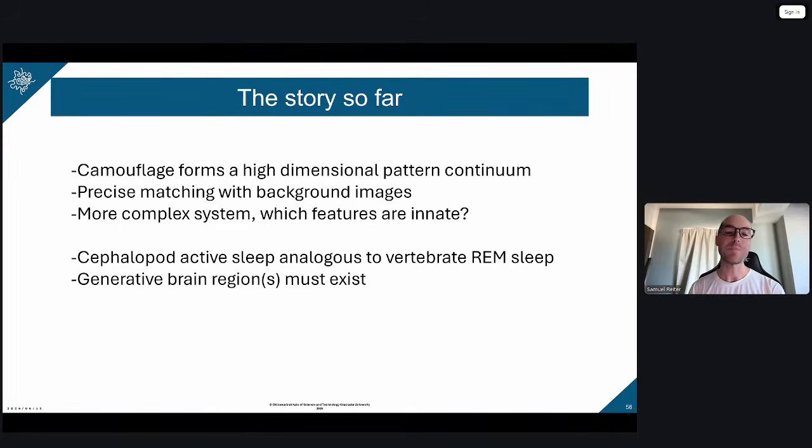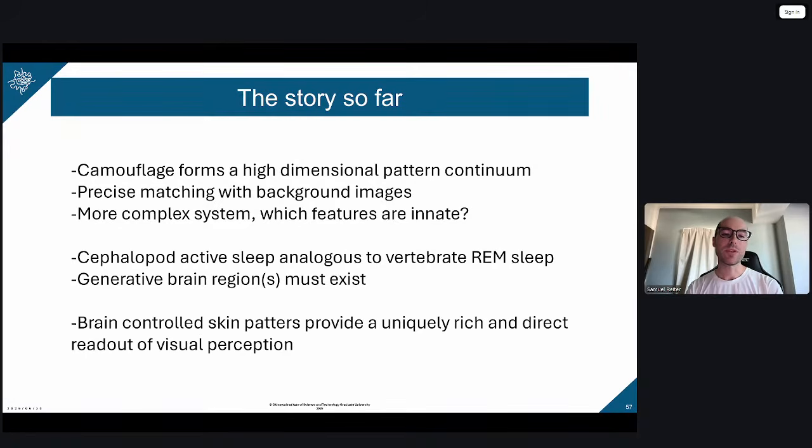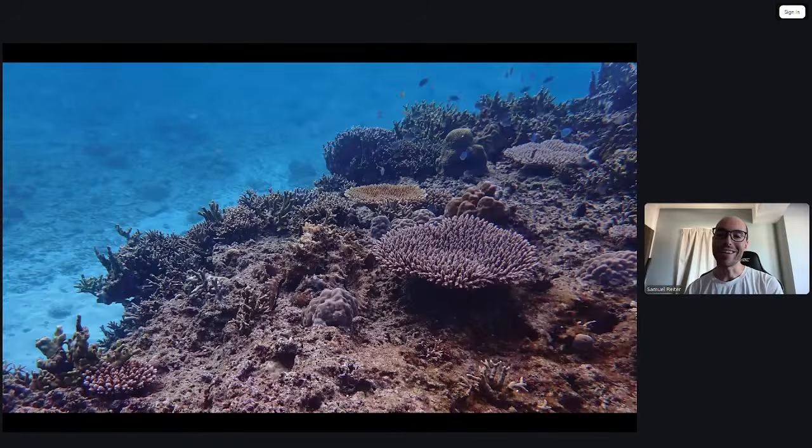And what I've hoped to have done is to convince you that these brain-controlled skin patterns in cephalopods provide really a uniquely rich and direct readout of visual perception in these animals. And at a high level, I don't know if you noticed the octopus in these images.